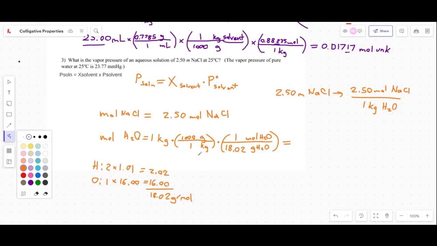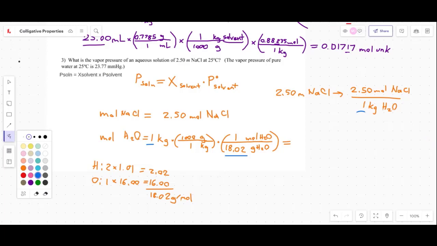Okay, so now all we have to do is multiply the 1 kilogram times 1,000 times 1 divided by 18.02, and we'll get our answer. Because that 1 kilogram is a reference value, it has unlimited sig figs, which means the significant figures here are only limited by the 18.02 grams of water.